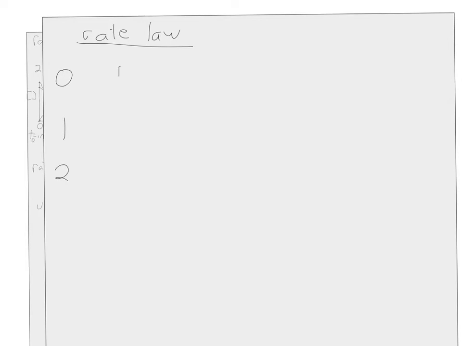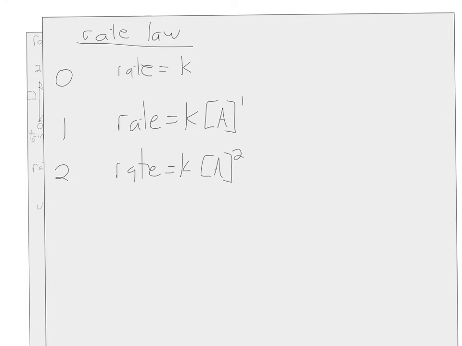So zero order, we're going to get rate is just equal to K, because K a to the 0 goes away. First order, rate equals K a to the first, and second order, rate equals K a squared. That's the standard differential rate law.